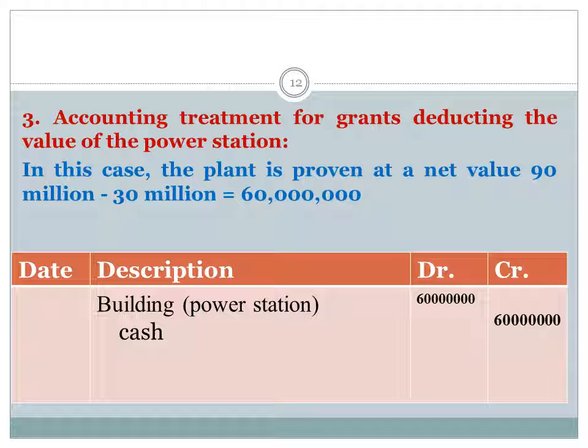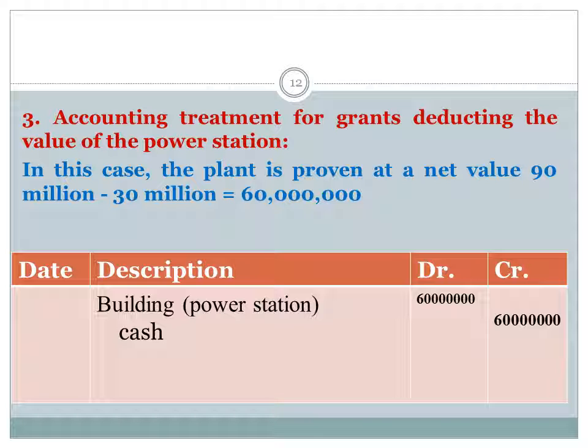The third method, accounting treatment for grants, deducting the value of the power station. In this case, the plant is recorded at a net value: 90 million minus 30 million equals 60 million.